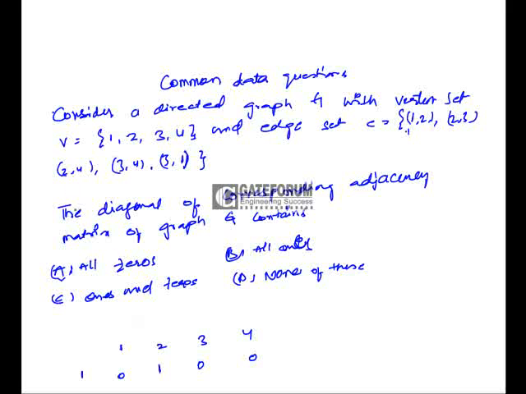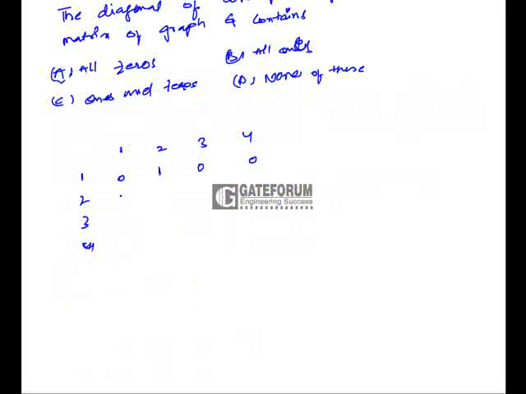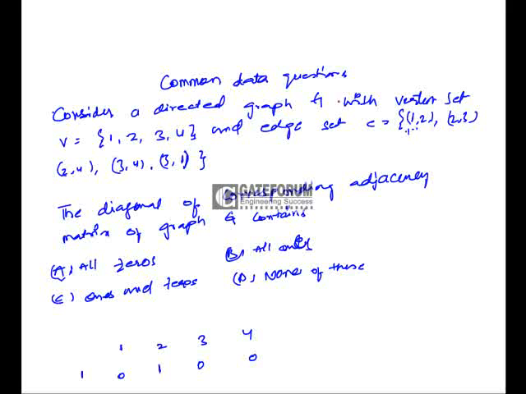And 2 to 1, is there any edge from 2 to 1? There is no edge, so this would be 0. Here it is given that this is a directed graph, so 1 to 2 is not equal to 2 to 1. This edge is from vertex 1 to vertex 2, so that is not equivalent to vertex 2 to vertex 1.